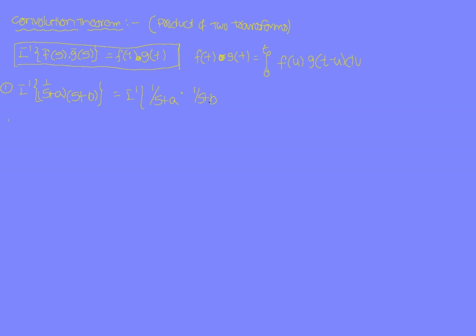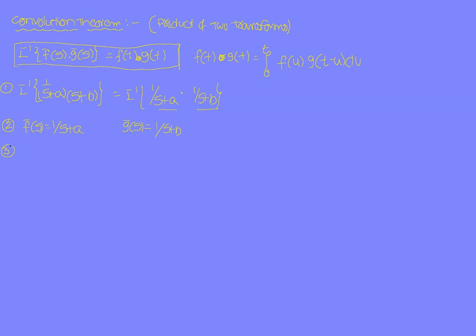This is the product of two transforms, 1 by s plus a into 1 by s plus b. So first you consider f bar of s as 1 by s plus a, and g bar of s as 1 by s plus b.